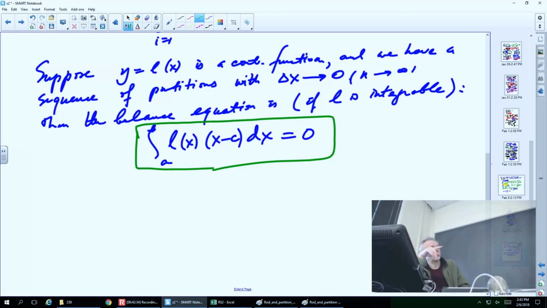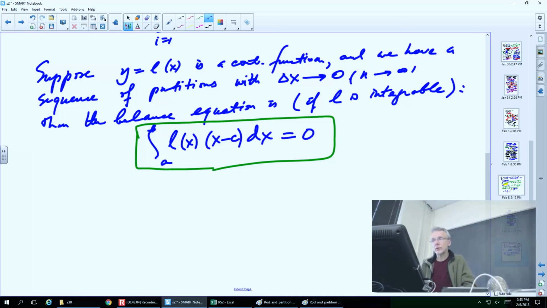Maybe you know where the balance point, the center of mass, should be, and you try to design a rod around it so that it would be balanced at that location. So then you do integration, right? You have some kind of function that represents, according to your theory or plan, the density, and you integrate it in this fashion, and you have your equation for the center of mass.